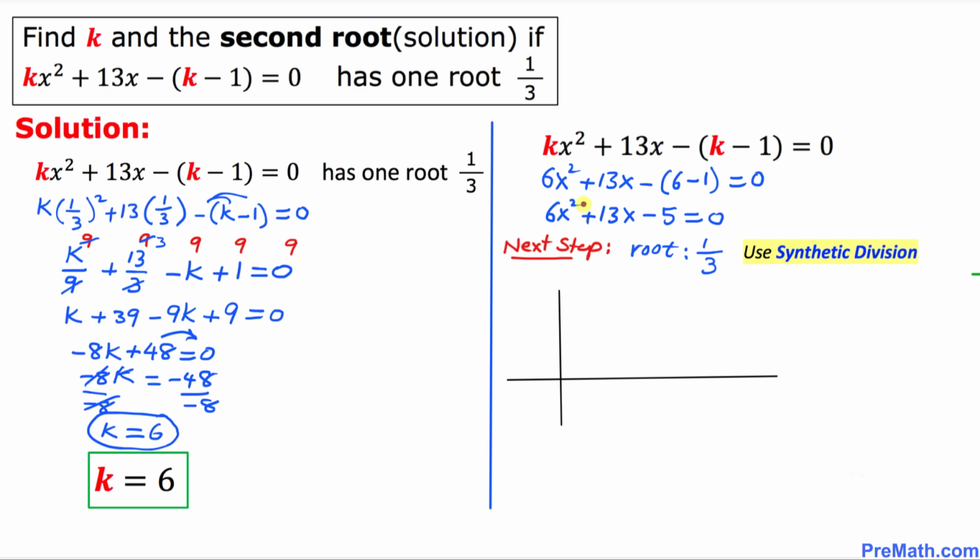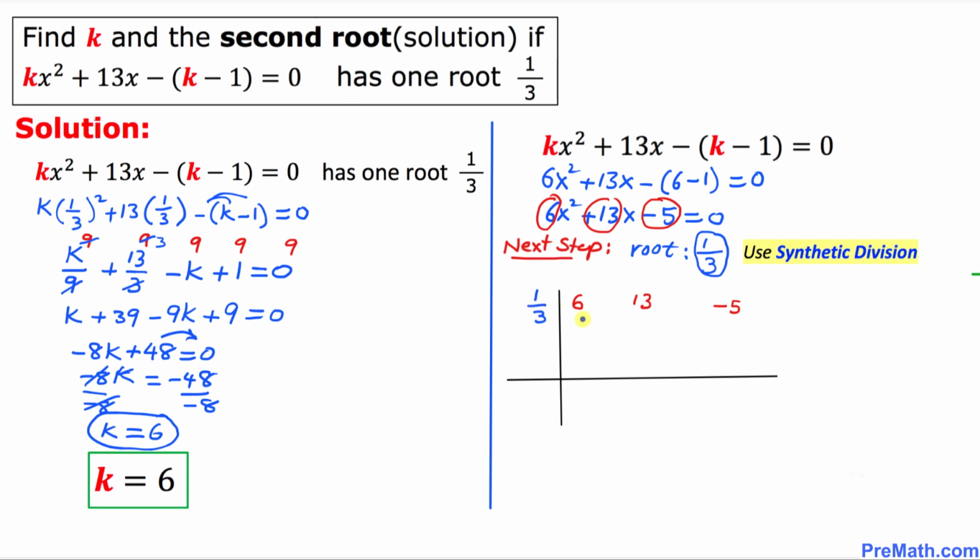Over here, let's look at the coefficients in this quadratic equation: 6, positive 13, and negative 5. Let's write them down as they are on the top: 6, 13, and negative 5. So far so good. And our given root is 1 over 3, which I'm going to put on the outside, right up here.